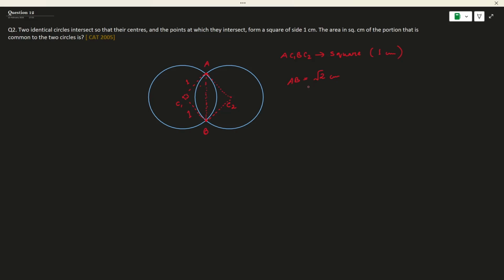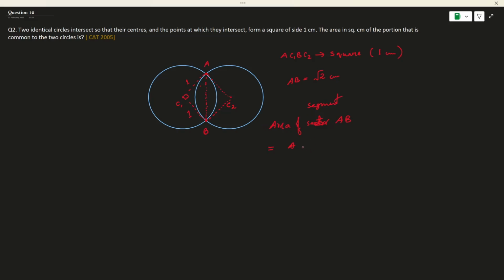And how do I find the area of the sector? Area of sector AB, how do you find this? This is segment, all right, not sector.